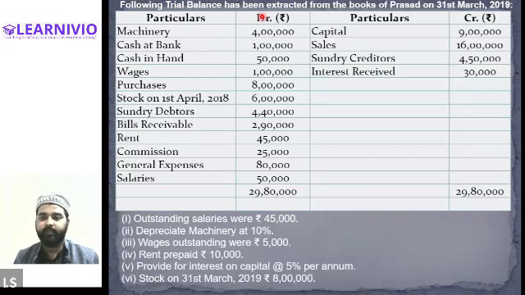After that, we have interest received. And there is additional information given in the question as well. Provide for interest on capital at the rate of 5%. So is anybody going to tell me how we will be treating it? Anyone?